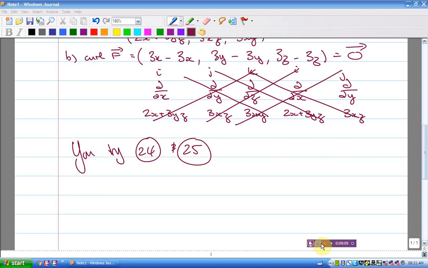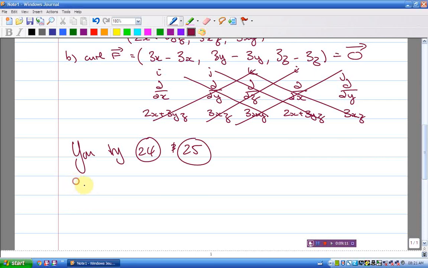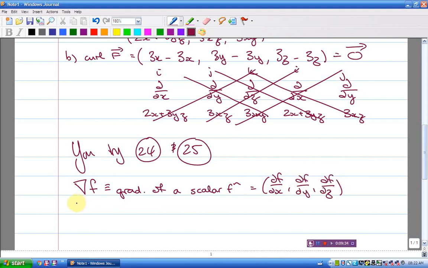Just a note about this triangle notation. If we put that in front of a little f, it means the gradient of a scalar function. Okay? And it's going to be d little f by dx, d little f by dy, d little f by dz. But if we put that triangle in front of a vector field, what I've written now doesn't make any sense.